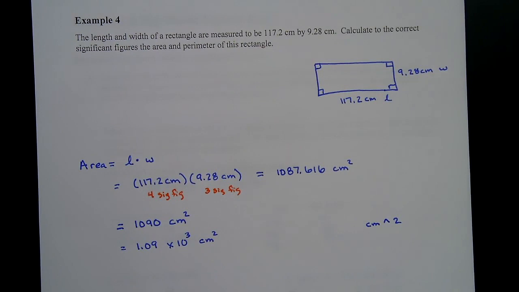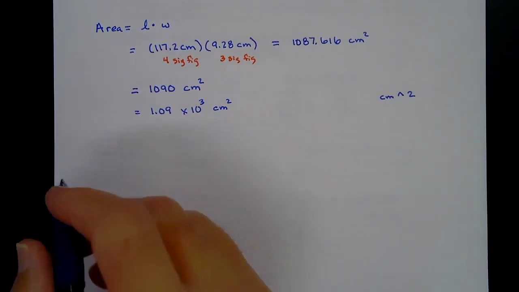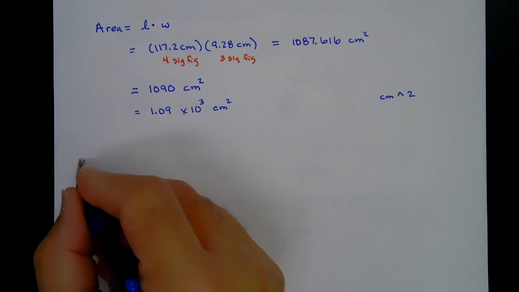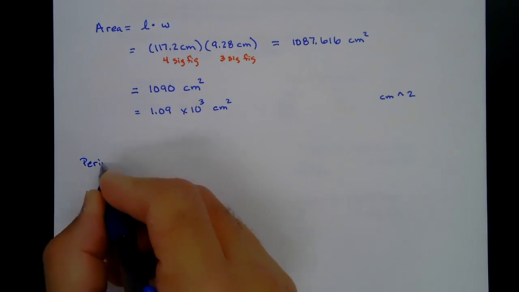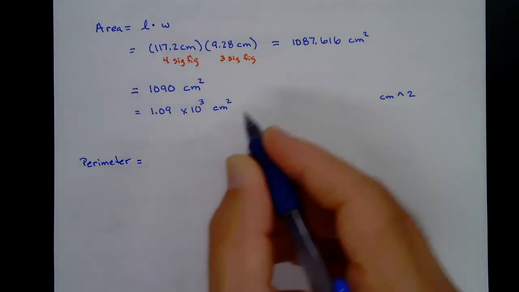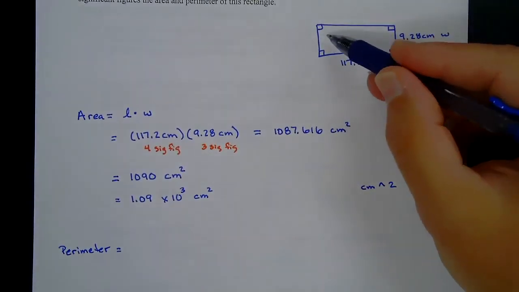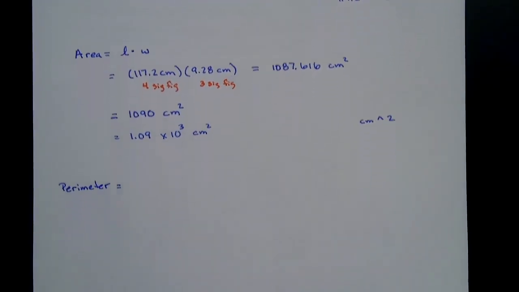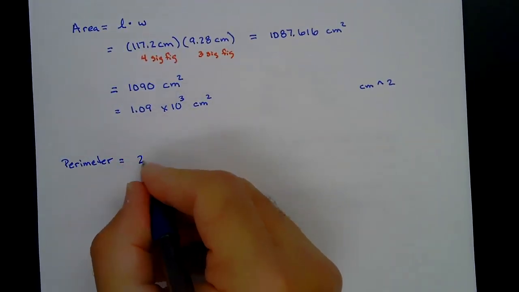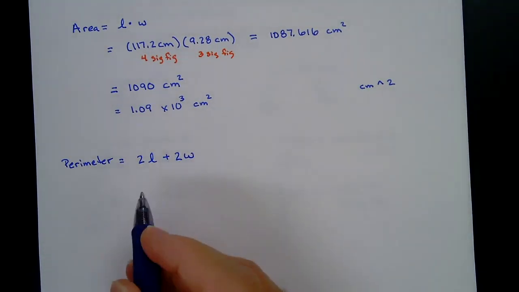All right, so let's next do the perimeter. Okay, so recall, perimeter is the distance around. Okay, so we have 2 lengths up here. Let me slide down. We have 2 of these lengths and 2 of these widths, right? So the perimeter is really just 2 lengths plus 2 widths, okay?